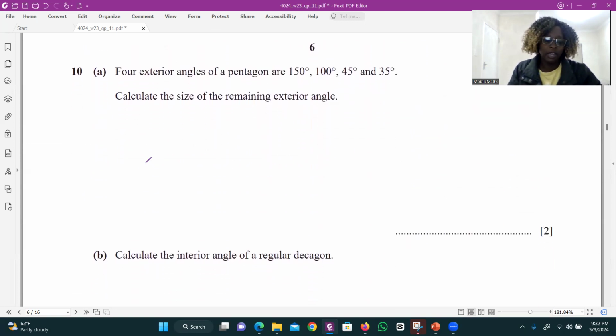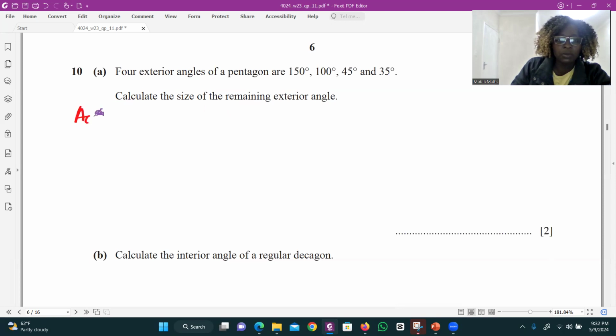Four exterior angles of a pentagon are 150 degrees, 100 degrees, 45 degrees, 35 degrees. Calculate the size of the remaining exterior angle. So what we know of exterior angles is that they add up to 360 degrees.